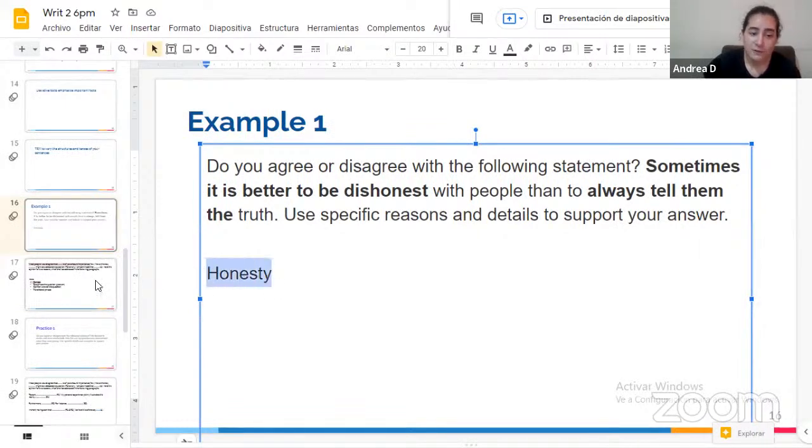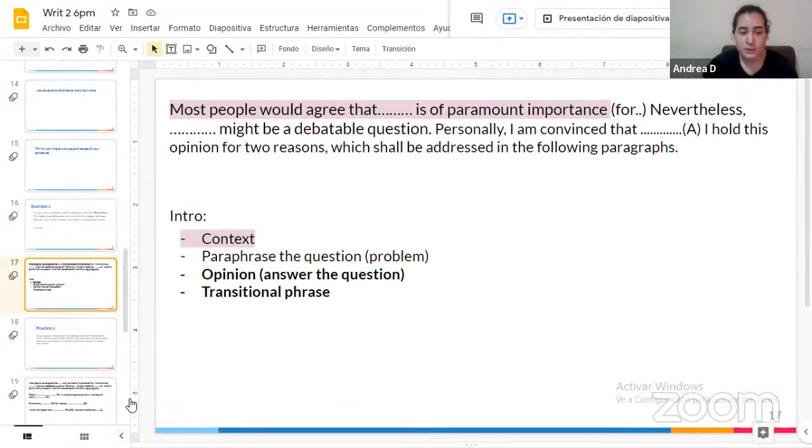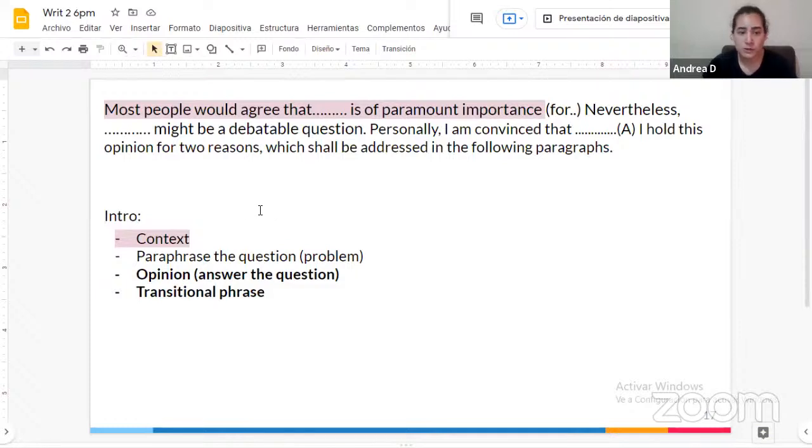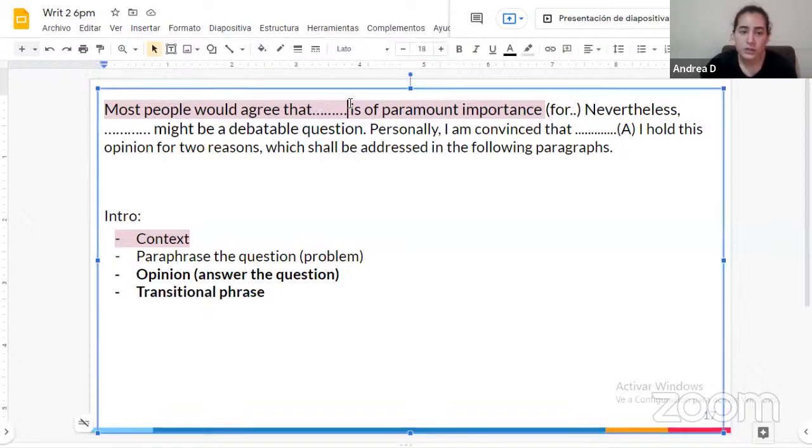So in the first sentence, where I'm telling you to give some context, you're gonna talk about that topic in general. And you're gonna try to think of something that most people would agree with. So you need to kind of say, okay, what would everyone say about honesty? Or what would everyone say about values? What can you say? So that is going to be your first sentence, giving a bit of context.